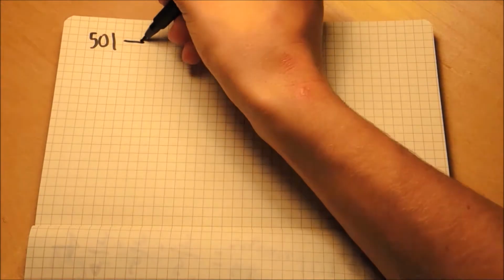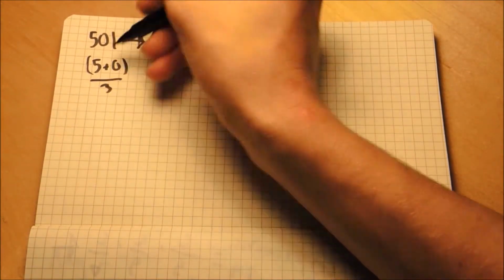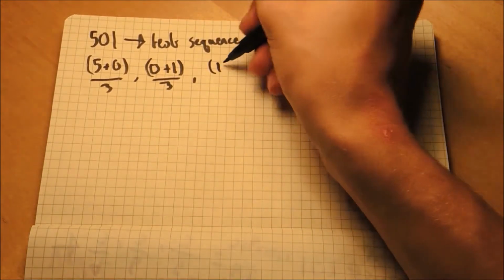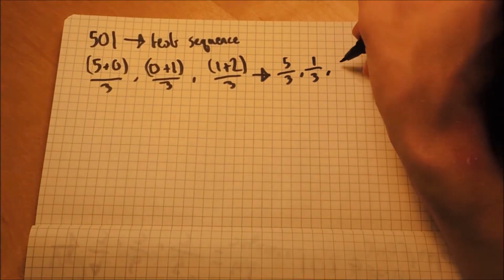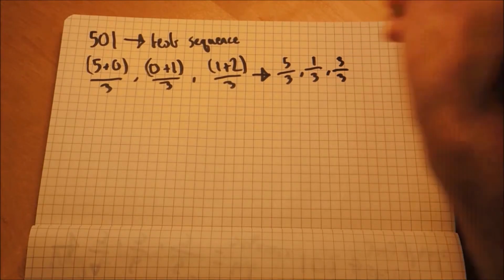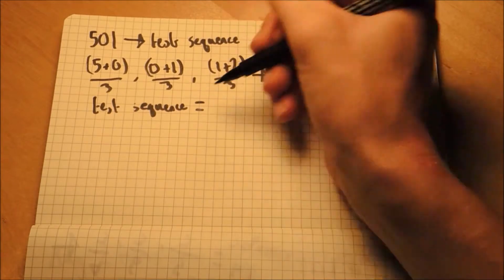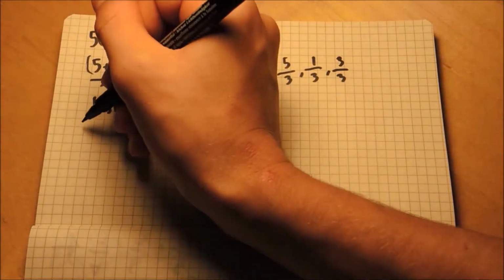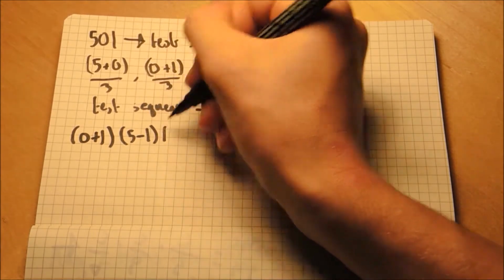We can show why this works using the example of 501. We already know that this siteswap is juggleable. Basically, you are just swapping two terms in the test sequence, so there will still be no two terms in the test sequence that are the same. So here we see that the test sequence of 501 is going to be 2, 1, 0. Now let's apply the swap to 501.